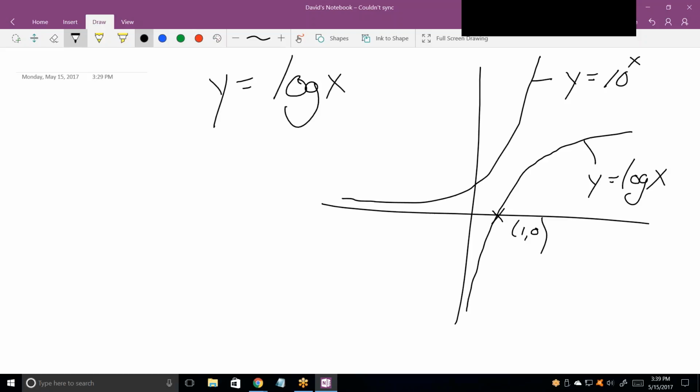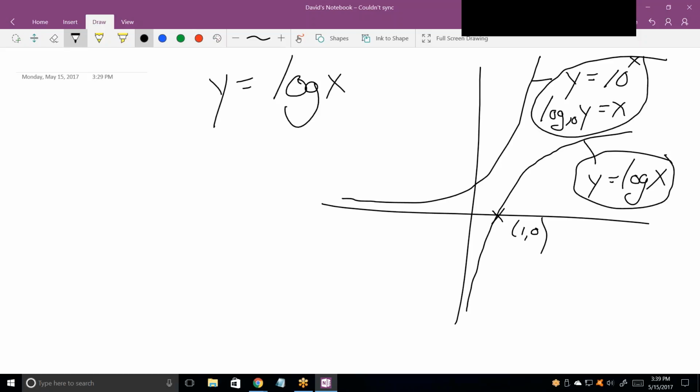They're not equivalent. The equivalent of the upper one would be log base 10 of y equals x. These two are the same. But notice this is not the same as that second one. This is the inverse of the top one.